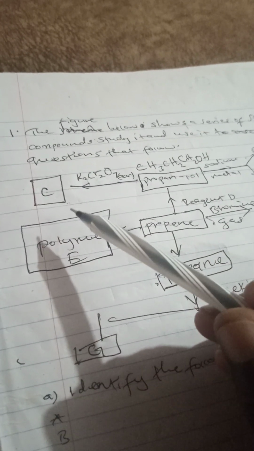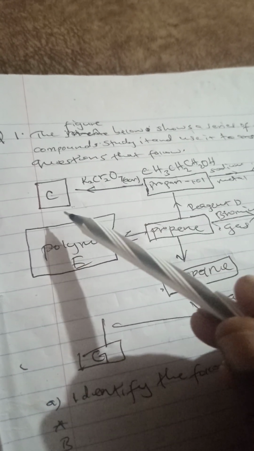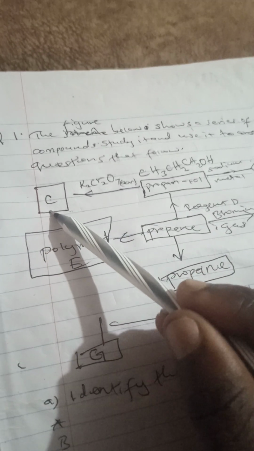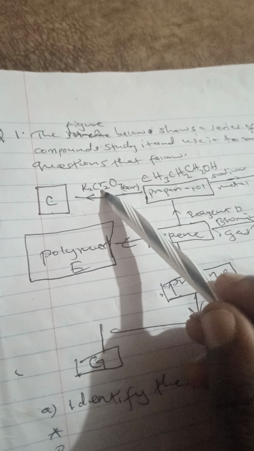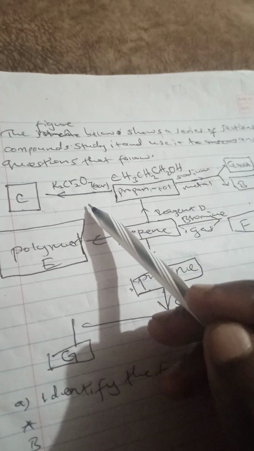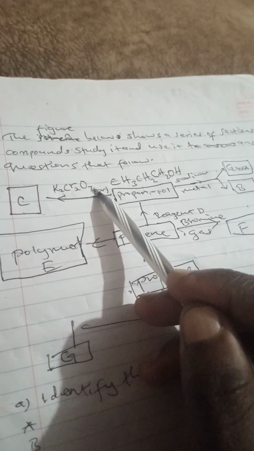From this gas A, for us to obtain that gas A, we must know what this gas is. So here you can see this is potassium dichromate 7, and this is propanol, and I have already written for you the symbol equation for the propanol. It will react directly because of potassium dichromate 7.